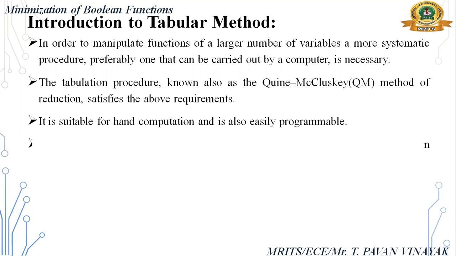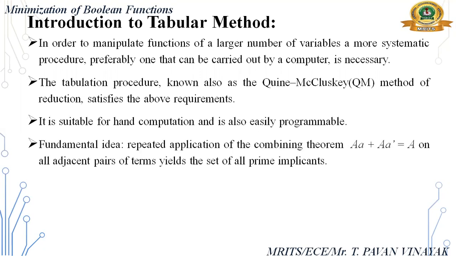Same process. It involves the basic theorem. What is that basic theorem? A alpha plus A alpha bar is equal to A. That is the basic theorem available. In K-map we use only this formula.